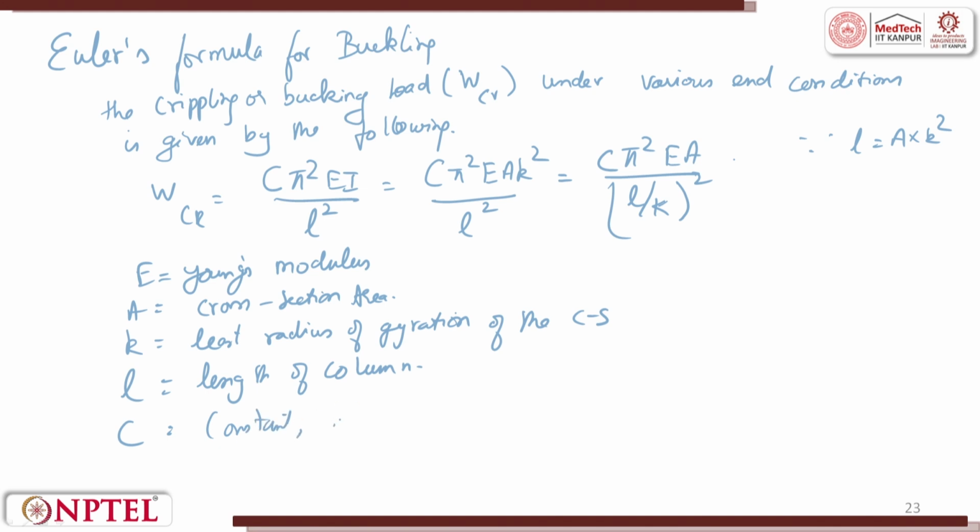This constant depends on the end conditions of the column. So, this is Euler's formula for buckling.